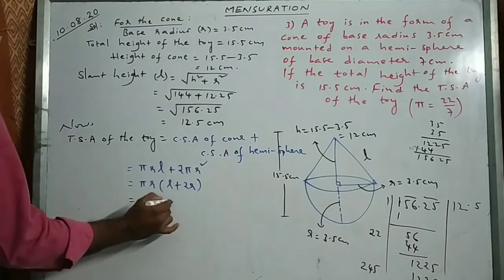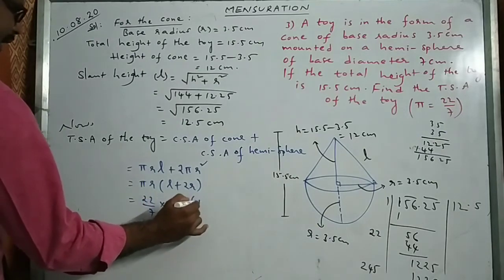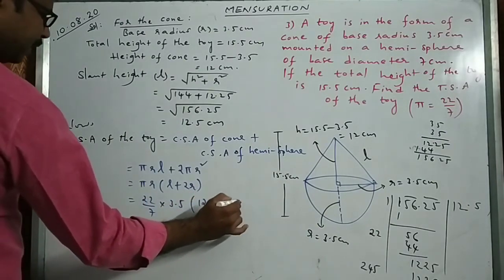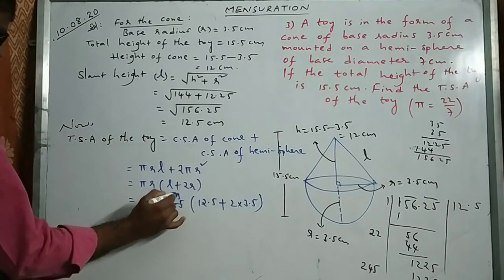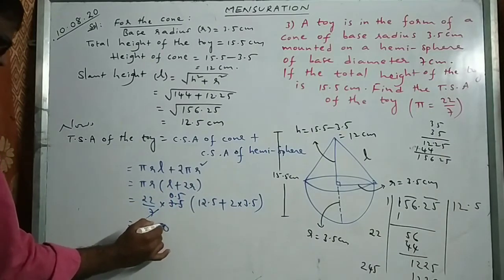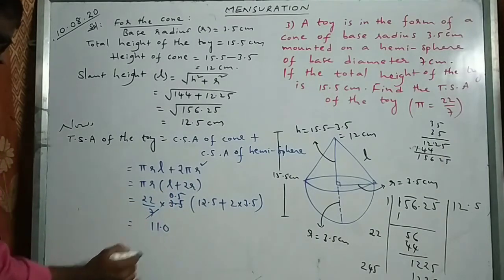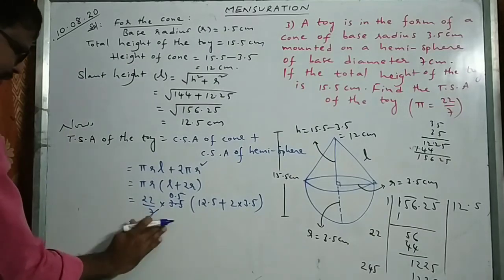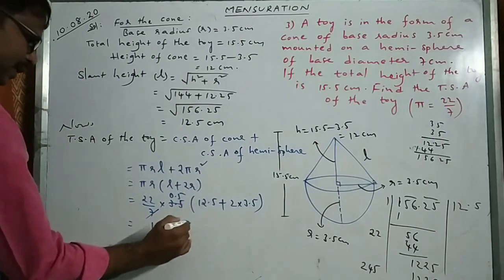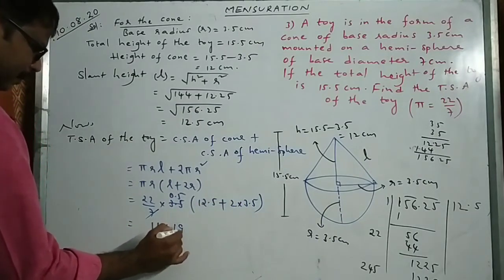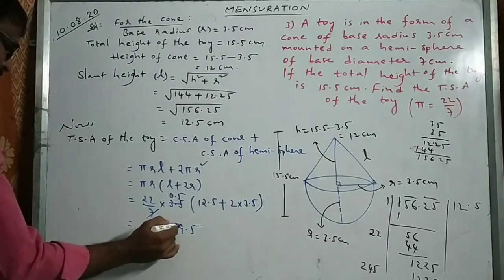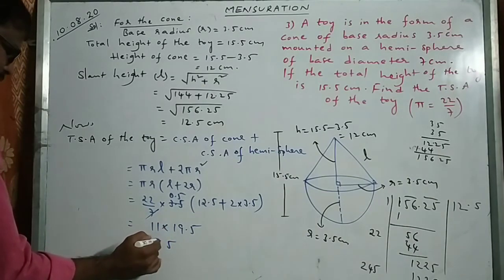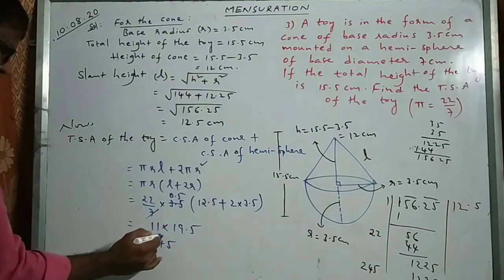22/7 into the common radius 3.5, into l 12.5 plus 2 into 3.5. So 7 and 3.5 can cut. 5 2s are 10, plus 1, 11. So 22.5 is 11 into this, which will be 7. 12 plus 7, 19.5. 11 5s are 55. 11 9s are 99 plus 5, 104. 11 1s are 11 plus 10, 21.